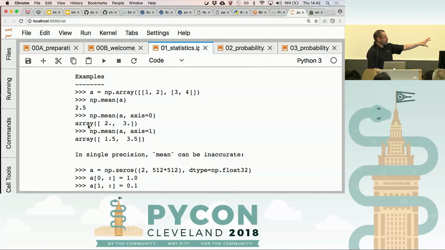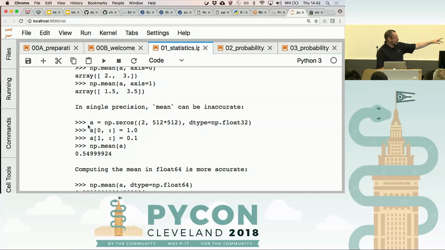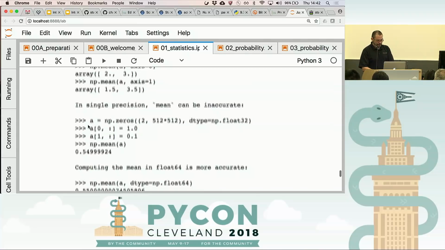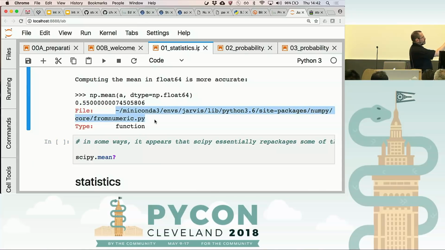It happens to be really nice and give you some sample code. If you tried to get it to work and it failed, maybe you look at the sample code and it helps you out that way. It also gives you some caveats: in certain cases, this might be slightly inaccurate. Buyer beware. It tells you where it pulled it from: we got this out of the NumPy library, from this thing called fromnumeric.py, which is awesome.